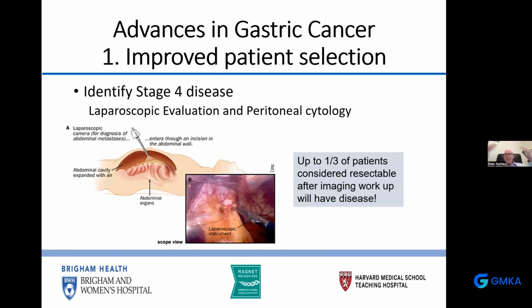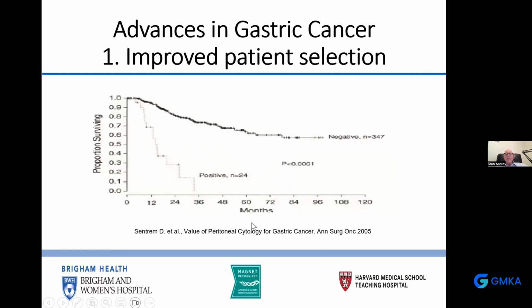After the patient has had a full staging workup, there's still a third of the patients who would be considered resectable who are found to have peritoneal metastases. So it's a reasonable thing to do in everybody early on. And with the peritoneal cytologies, you put in saline, take it out. Those patients with positive cytologies, what we're doing is really palliative treatment.